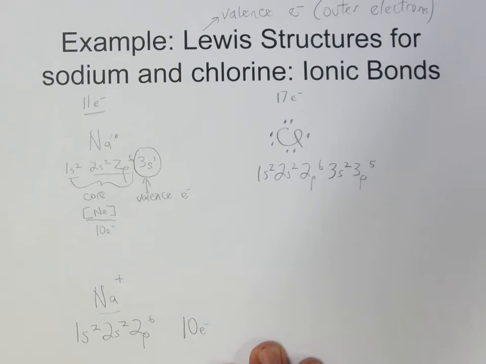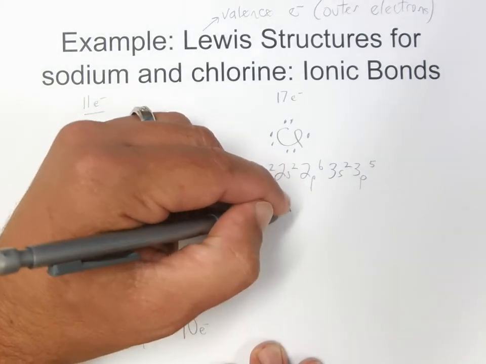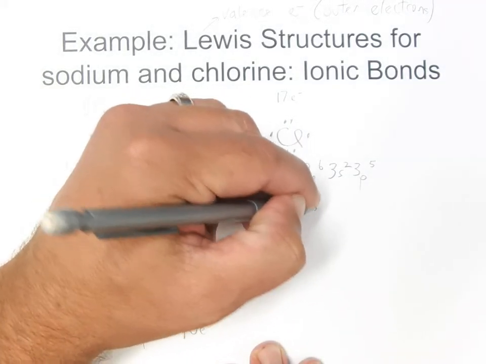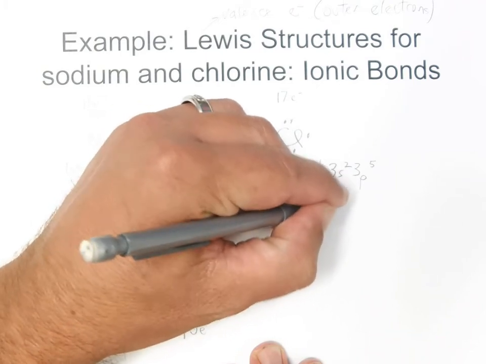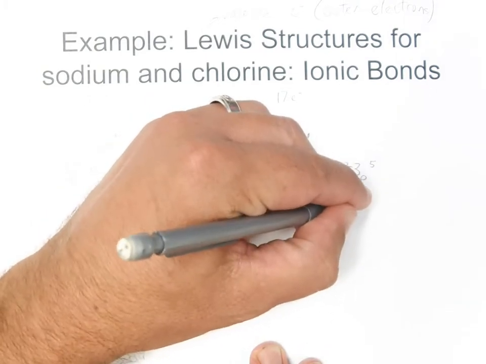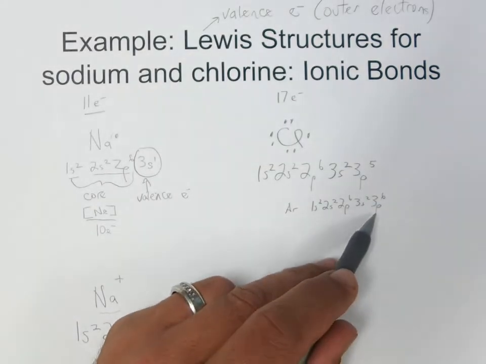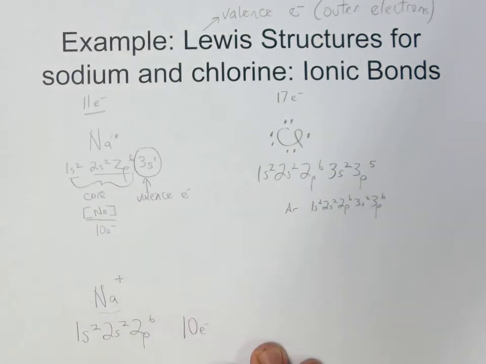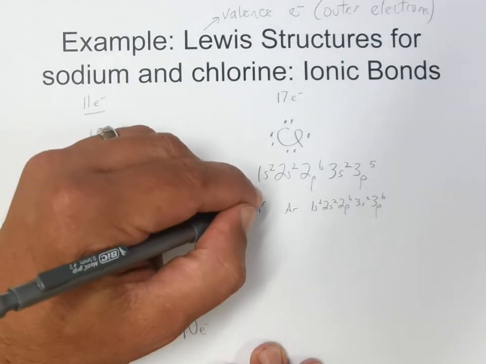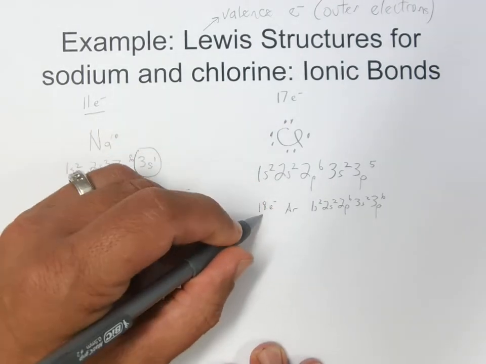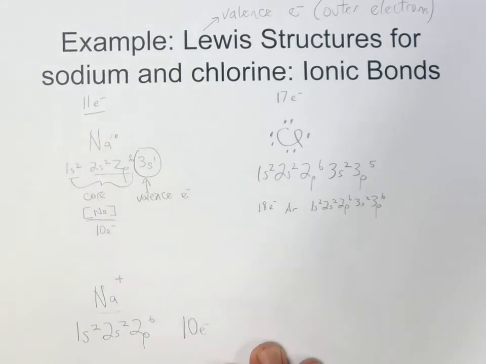Now, if you're familiar again with the noble gases, argon is 1s2, 2s2, 2p6, 3s2, 3p6, which is just one more electron than chlorine, so 18 electrons. There's the electron configuration.